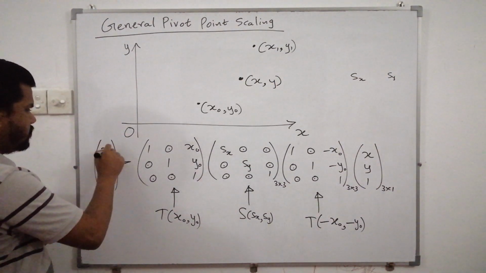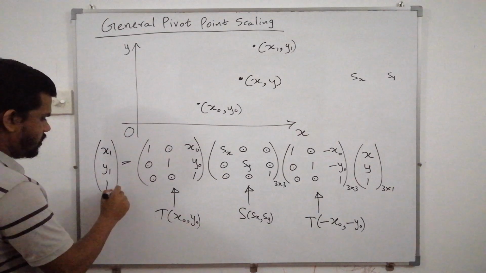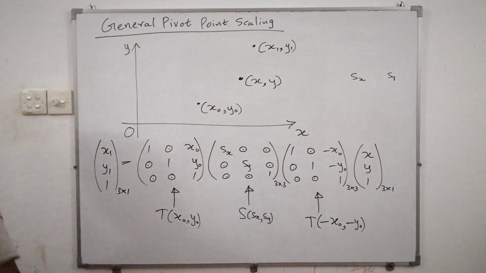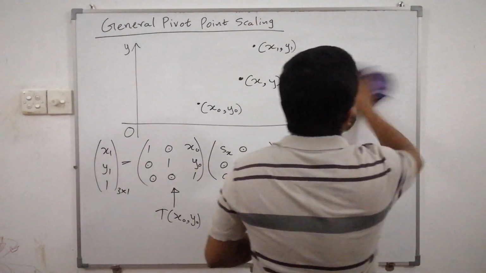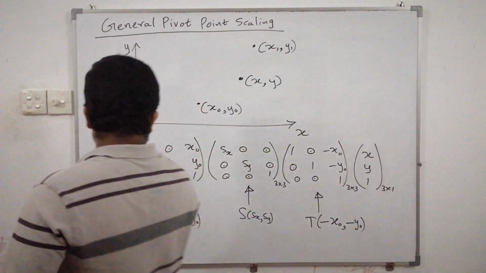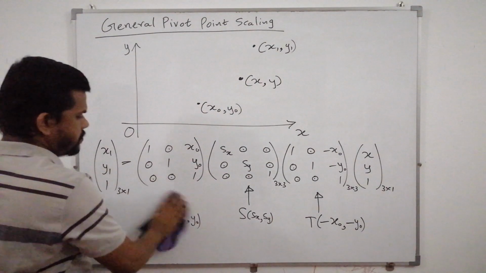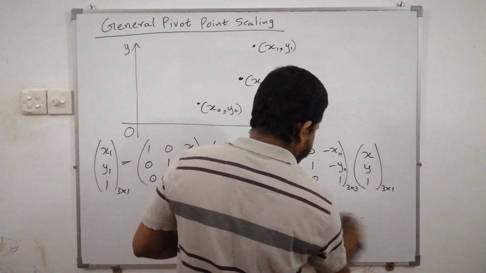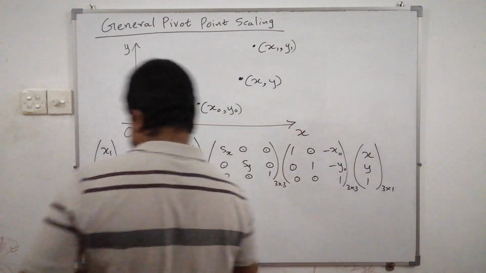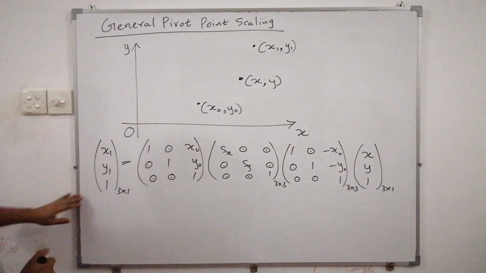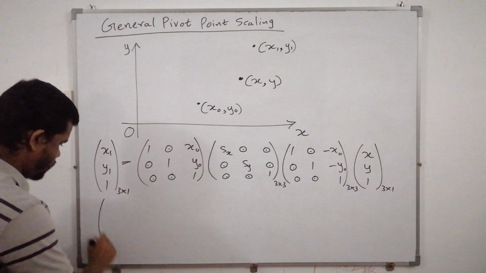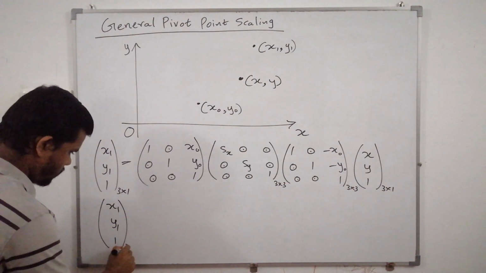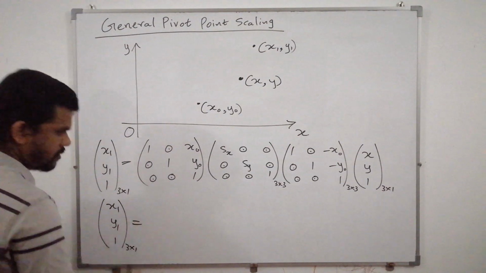So here now we have a 3 cross 1 matrix: x1, y1, 1.